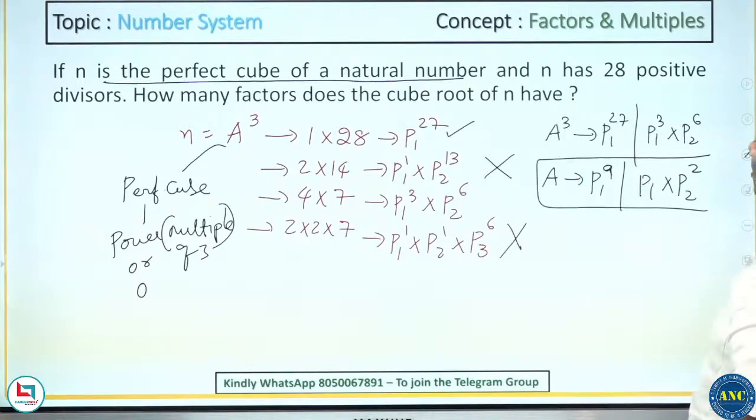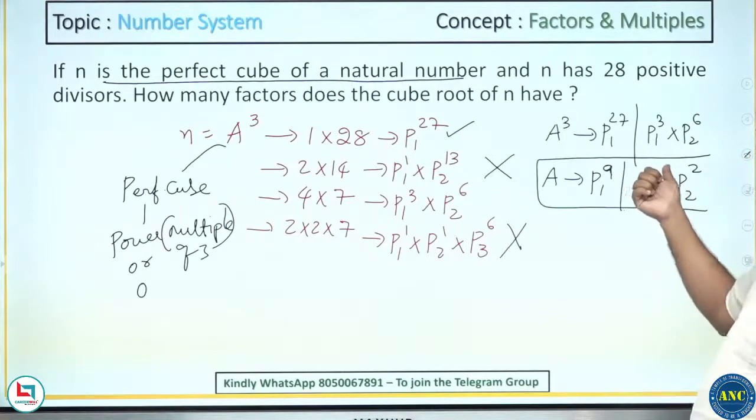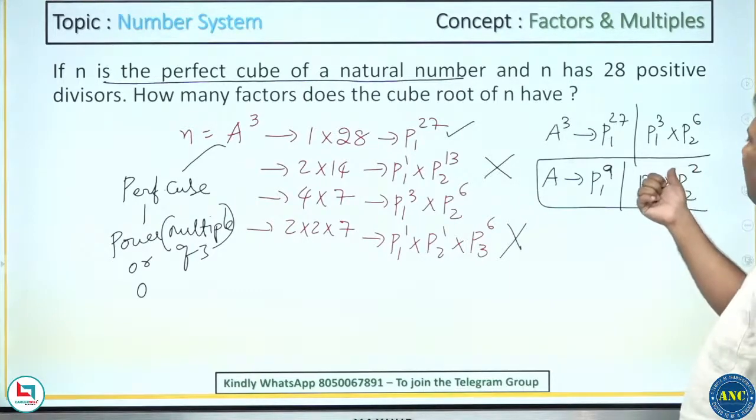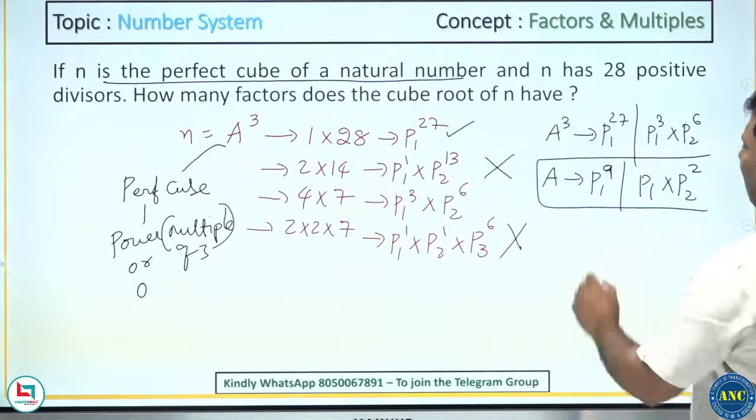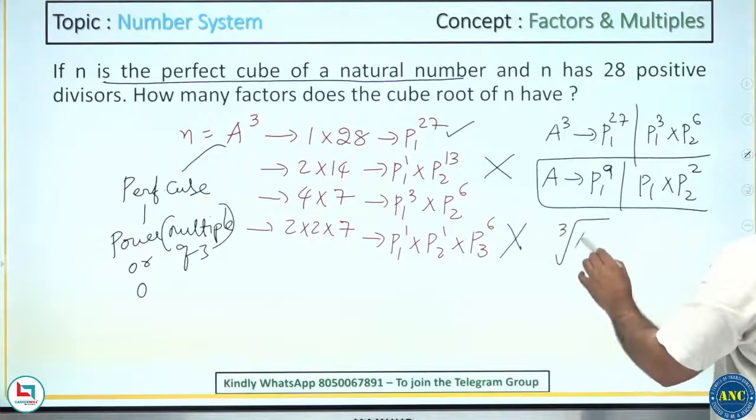Next one. What is the question? N is the perfect cube. Now how many factors does the cube root of n have? So the cube root of a.